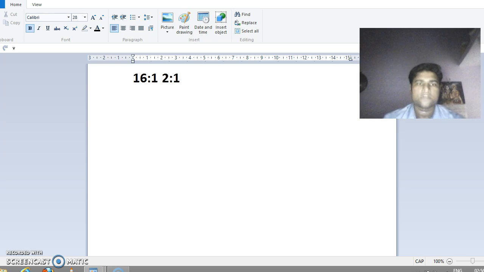So there is a simple formula. Take 16, divide by 2 equal to 8. Leave it.